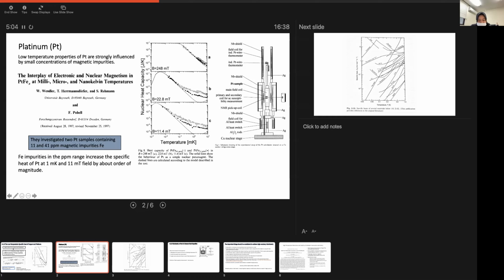The specific heat is increased. We see the result of this experiment from this graph.